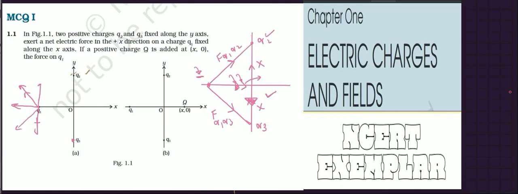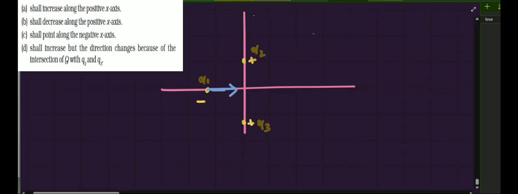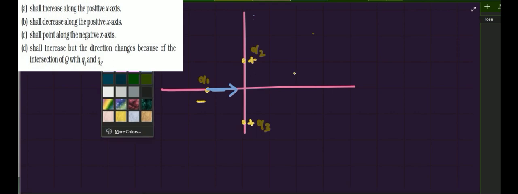A positive charge Q is added somewhere on the x-axis. Now I'm referring to diagram number B, and you're adding a charge Q on the x-axis. The question is, due to addition of this charge, which is also a positive charge, what happens?